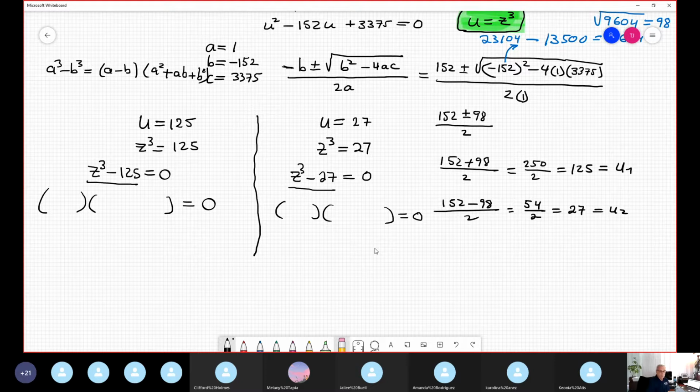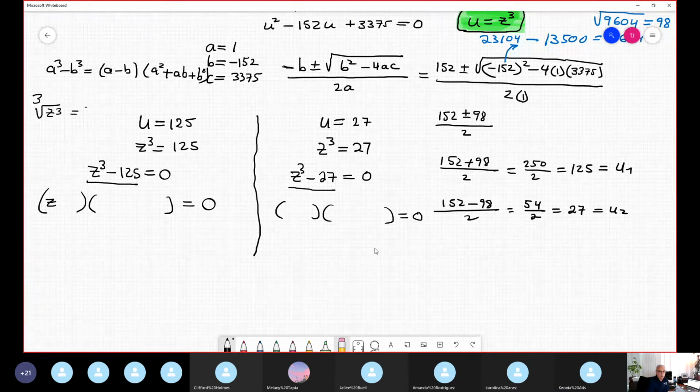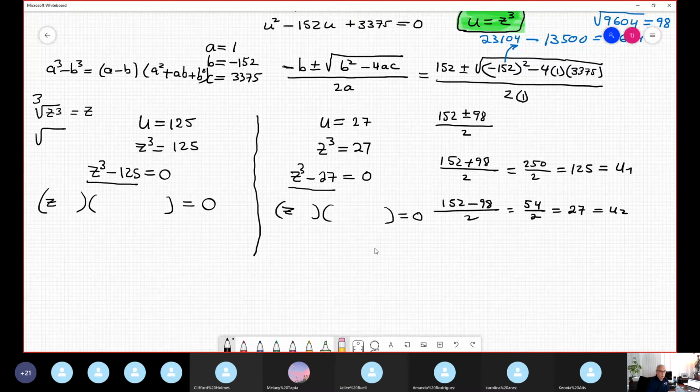Inside the binomial, we have A and B, because in our problem is C and 125, and the cubic root of C cubic is C. This is the reason I copy C here. And the cubic root of 125 is 5. Exactly the same. So we get the same answer, but we include more. It's a minus here. Look at that formula.